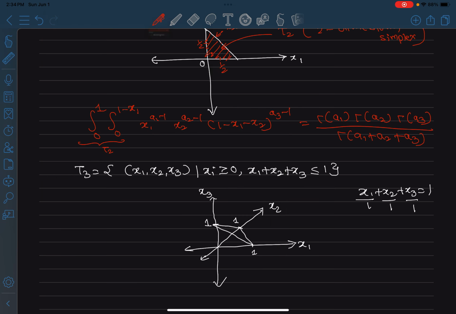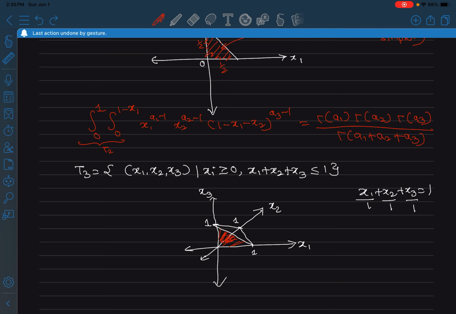So that means just below this plane, there's this three-dimensional region, and it doesn't go below the x1, x2 plane, or behind the x1, x3 plane, or beside the x2, x3 plane. So this is just the region. I'm making it a bit messy, but you get the idea, I think, right?